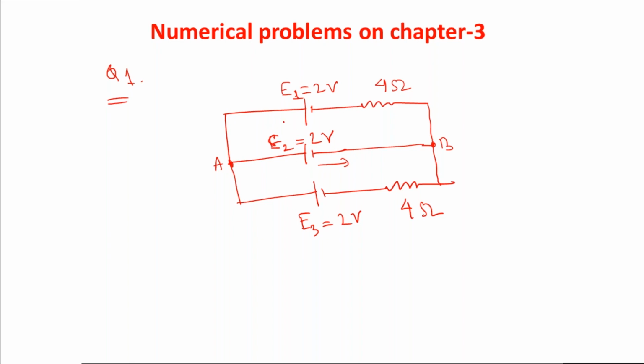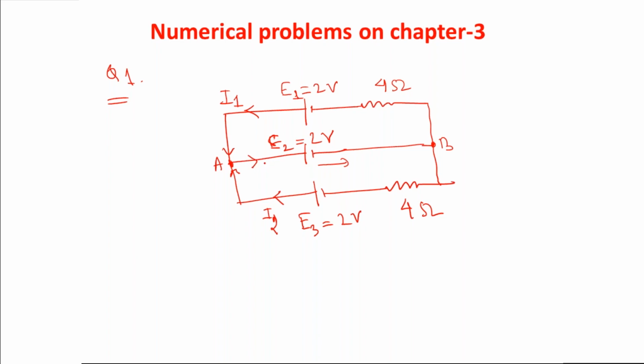So this is from the first problem set based on Kirchhoff's law. This is actually very easy. If I give you a clue, you can find it out. Suppose there is a current I1 flowing from E1, and from the cell E2, I2 is flowing.